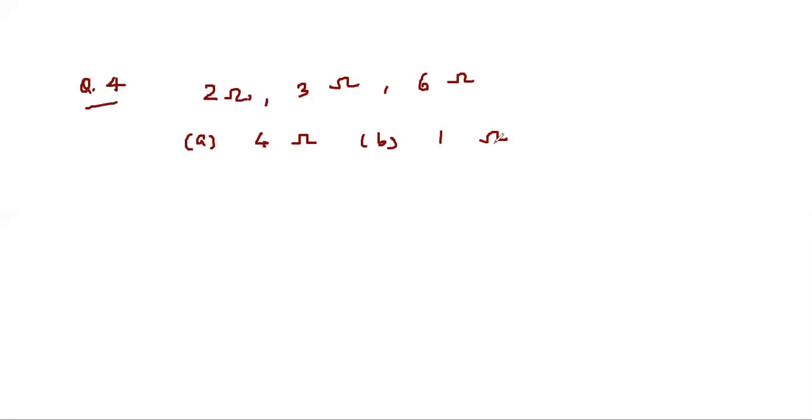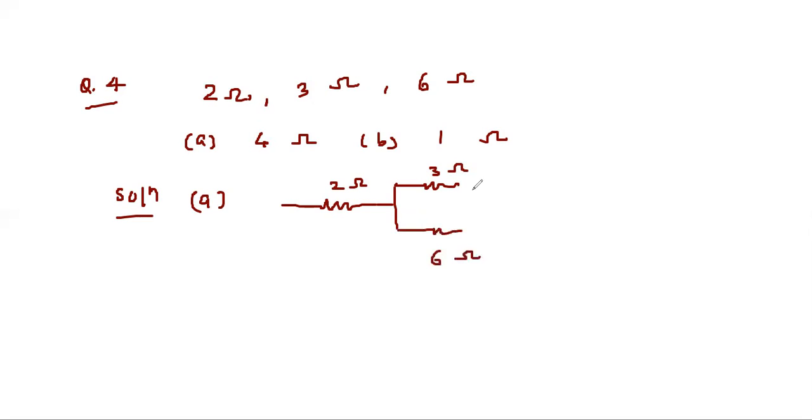So let's take first case. So solution to case 1, we have to get 4 ohm. So what we do, we just put 2 ohm here and then 3 and 6 in parallel. 3 ohm here and 6 ohm here.